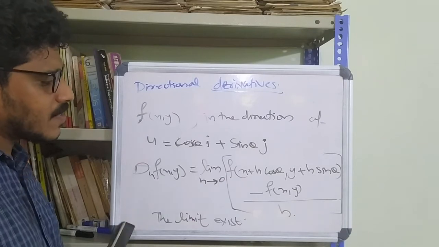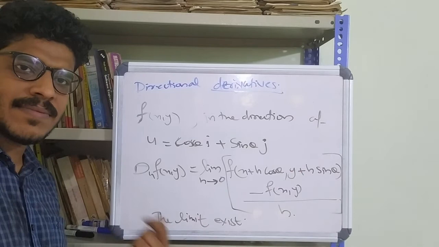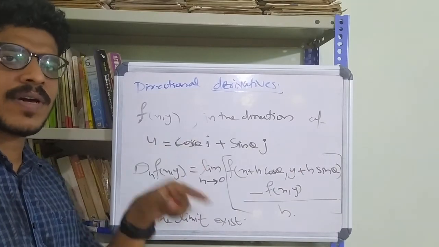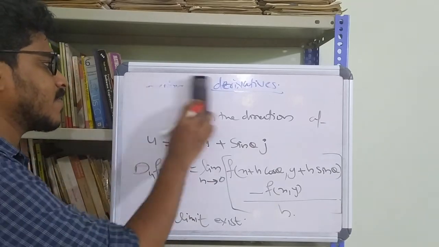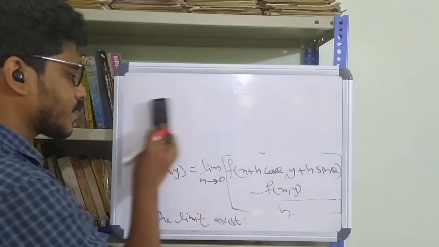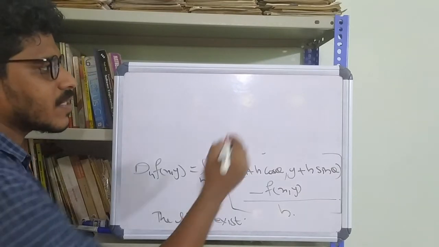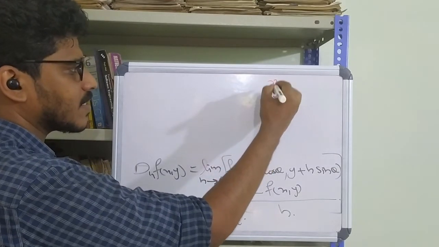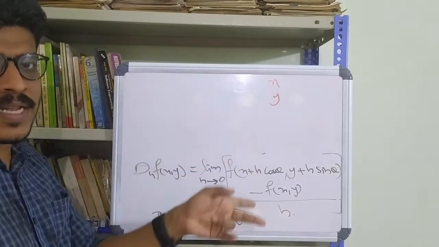We have just mentioned that once we define the directional derivative, we will make an attempt to find the partial derivatives dou f by dou x and dou f by dou y as a special case of directional derivative. Let's see how it works. Suppose we have two directions, that of x and y, which are the directions of the coordinate axes.